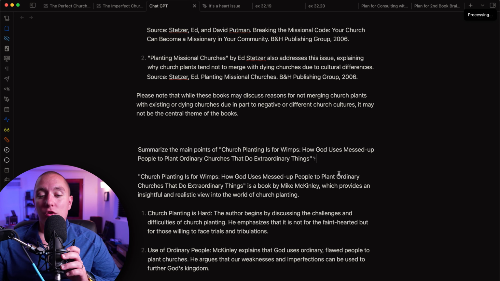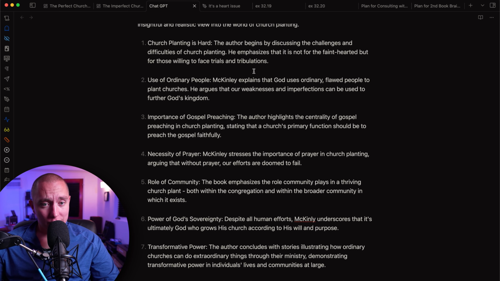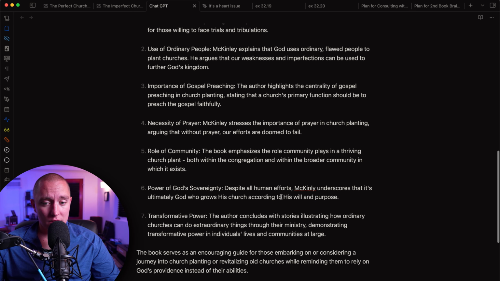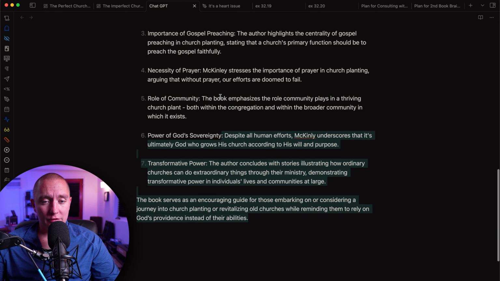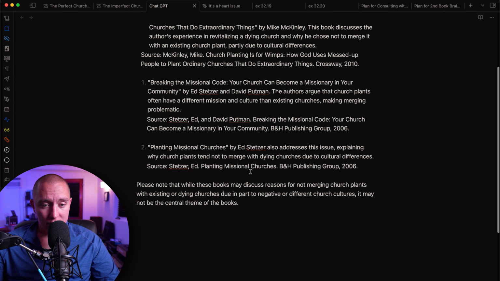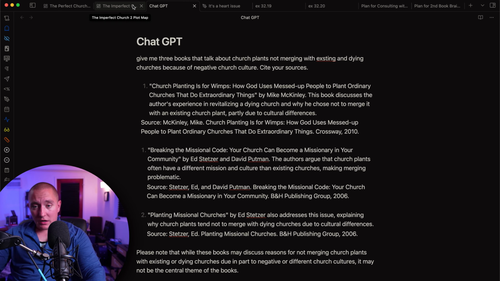So we're just taking a look at some things. Okay, so seven main ideas. Church planting is hard. God uses ordinary people. Importance of gospel preaching. Necessity of prayer. Roles of community. Power of God's sovereignty. Transformative power. So it doesn't seem like there's a full chapter on this idea, but it does say it talks about it. So I guess there are maybe some books that talk about this. I'm not sure exactly where.